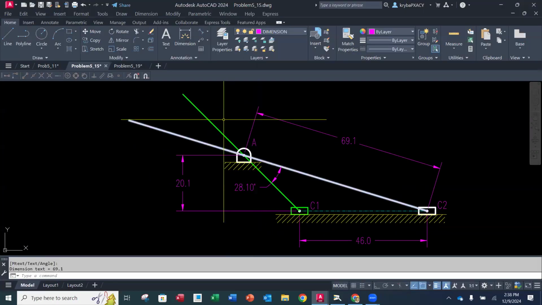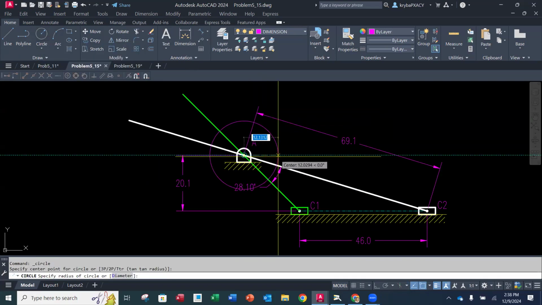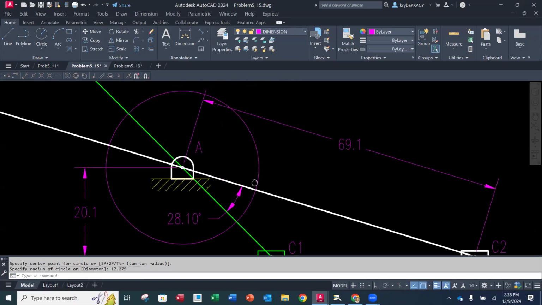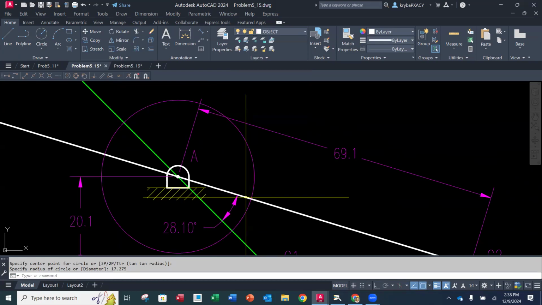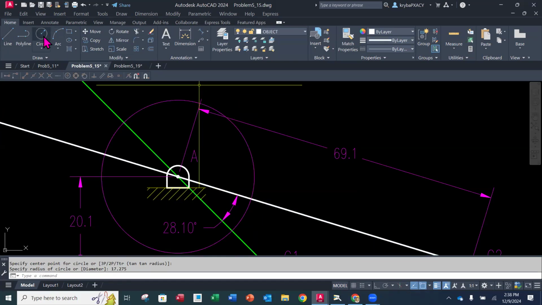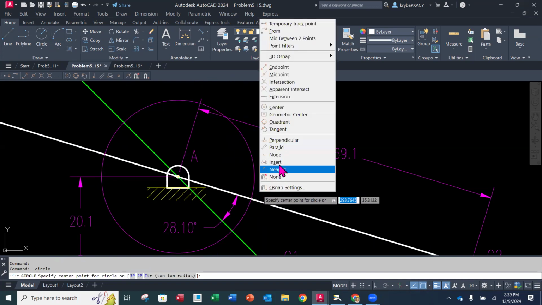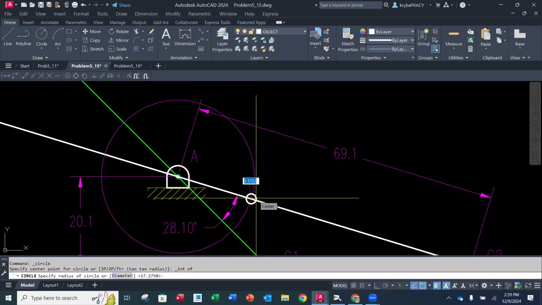Now you're going to draw a circle with a radius of 17.275. Now, this is where the intersection is for point B. So this would be a joint from the intersection of where the radius crosses.